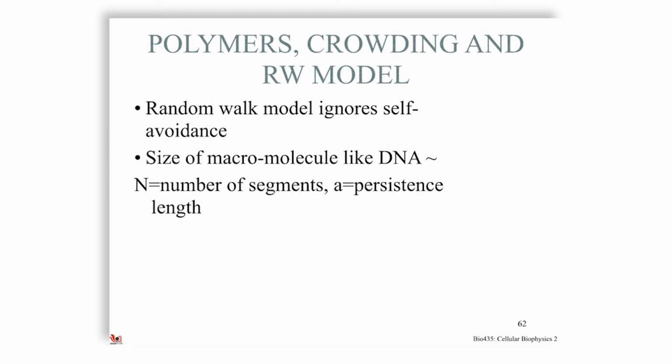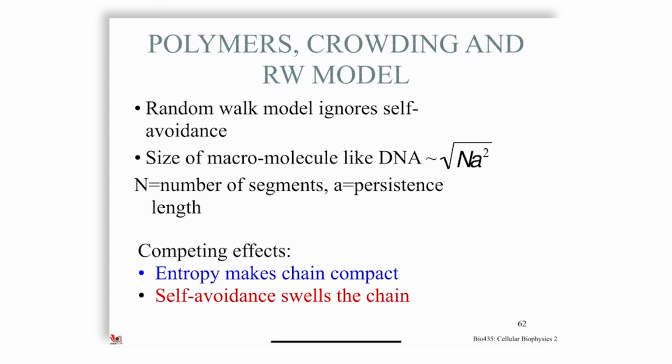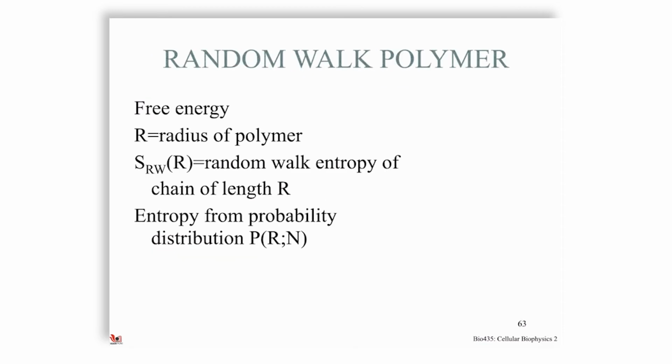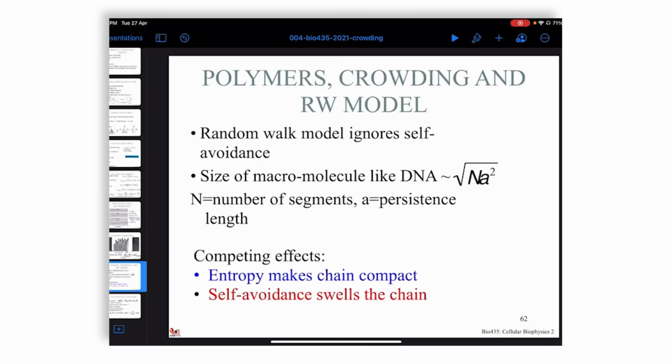If N is the number of segments and a is the persistence length, then the size of a macromolecule, the root mean square end-to-end distance, scales as the square root of N a squared. But there are competing effects that we know: entropy, which will force the chain to become more compact, and self-avoidance, which will actually force it to become larger and swell it.